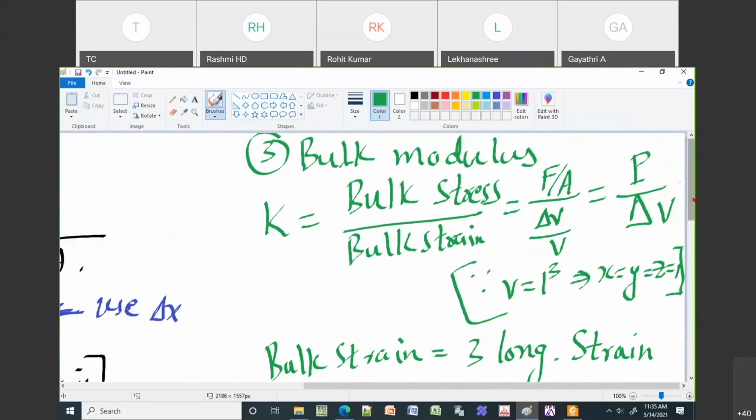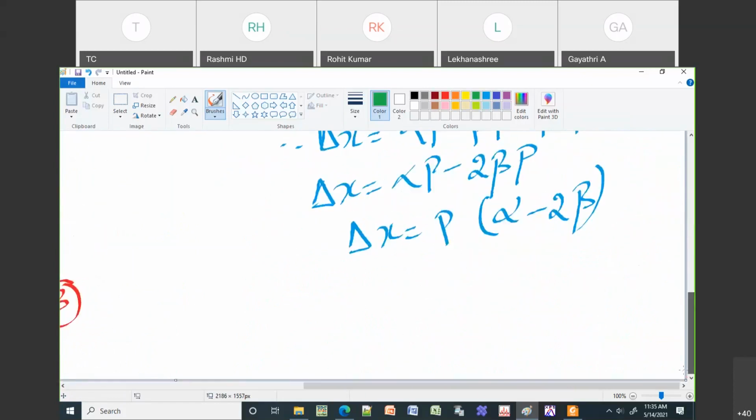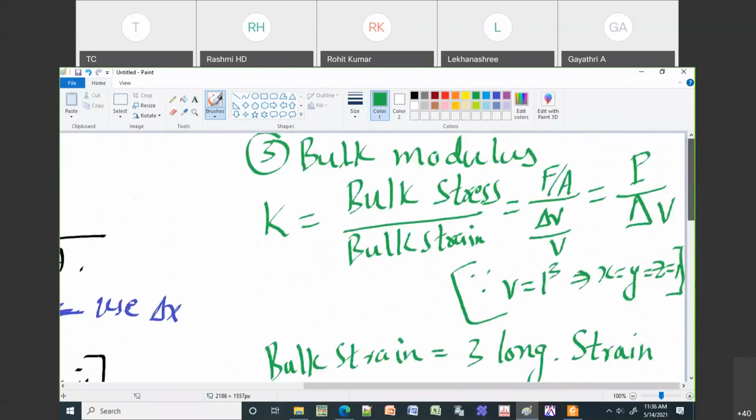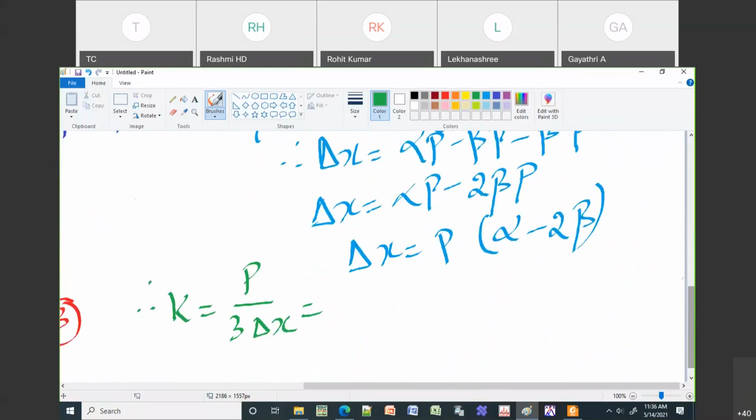Therefore, we know that K is equal to P by delta V. Delta V is nothing but 3 times delta X, from the relation.